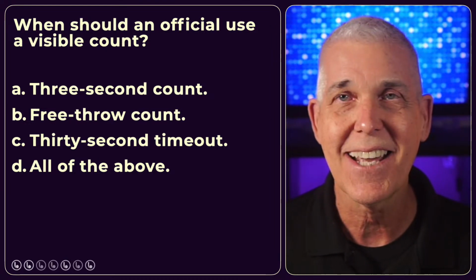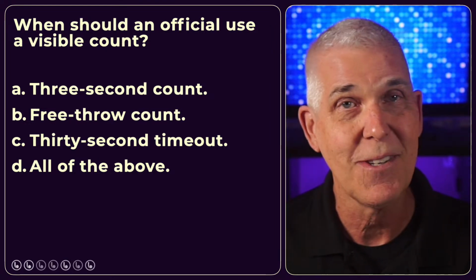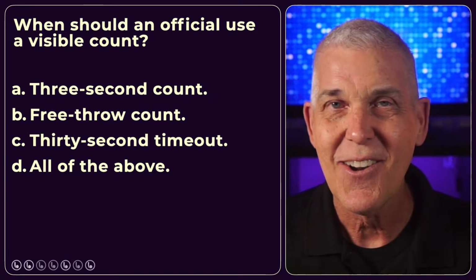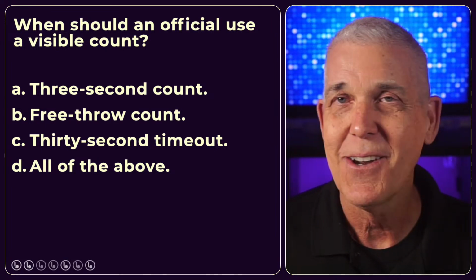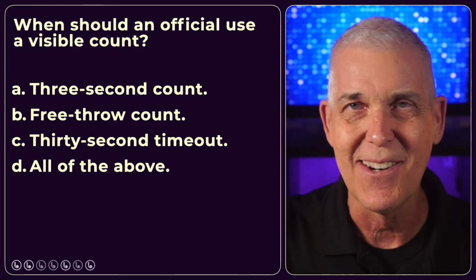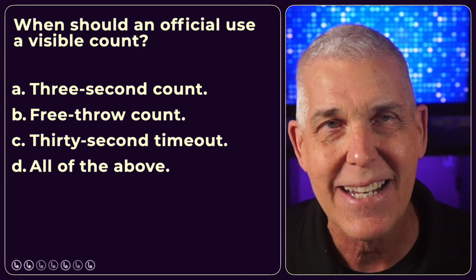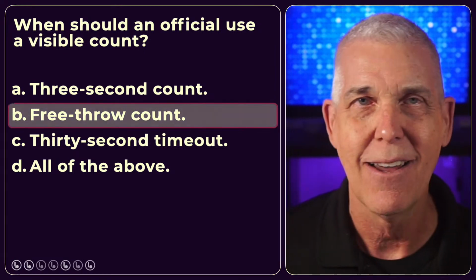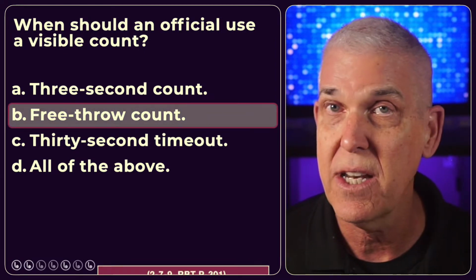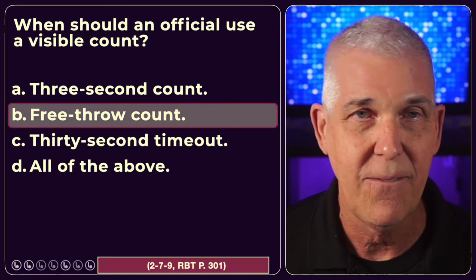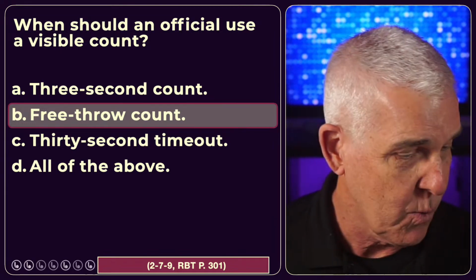How often do we have 10-second violations? Not too often. C, a 30-second timeout? Wow. You're going to wear yourself out, ref, counting down 30-second timeouts, or all of the above. Our correct answer here is B, a free throw count. We are instructed as officials to have a visible count in that situation.